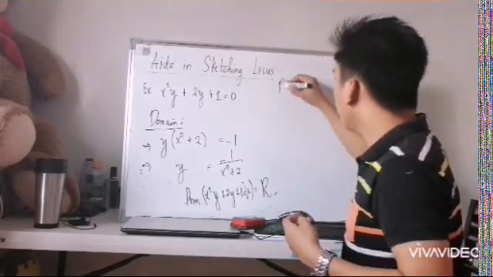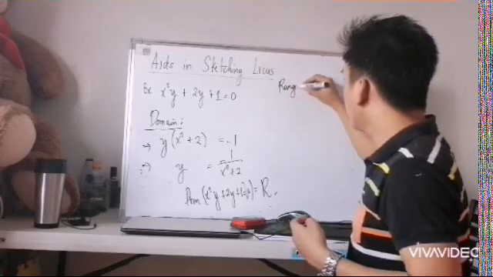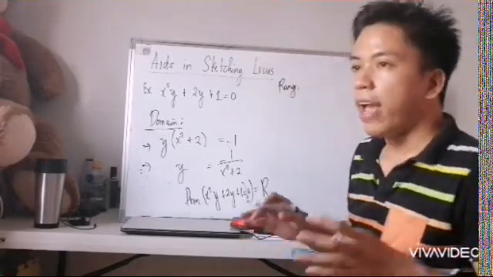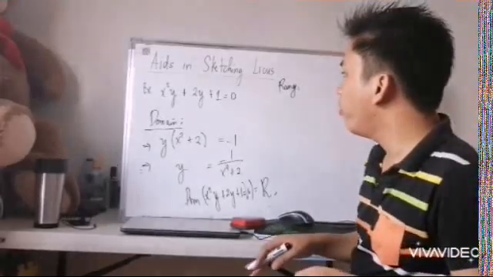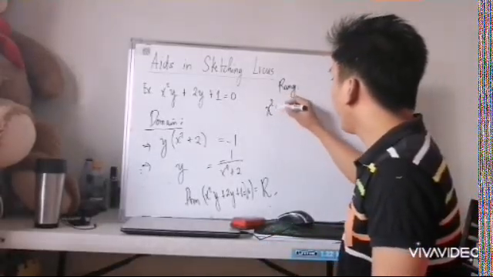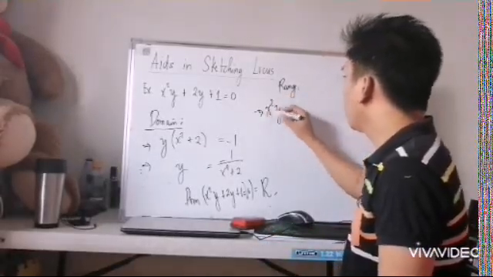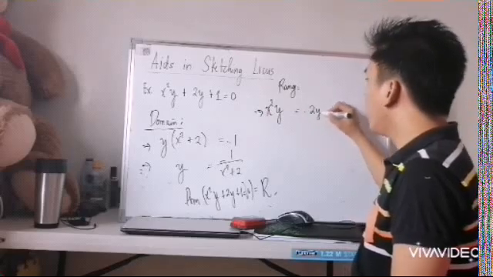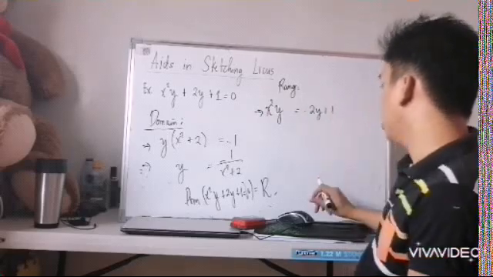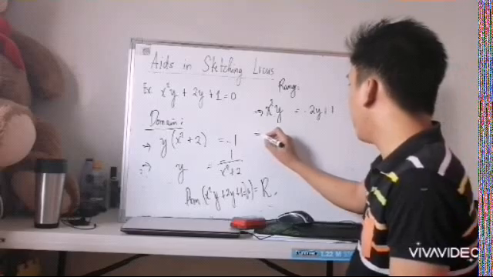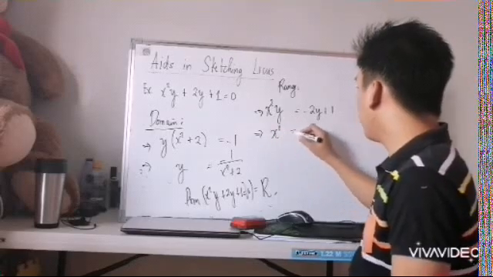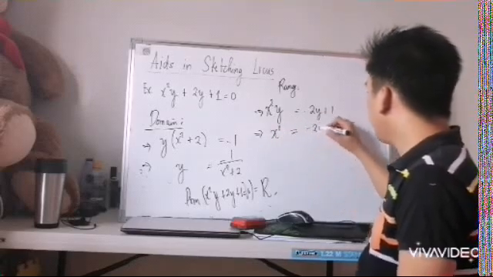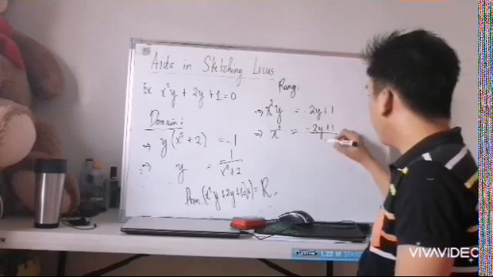And how to get my range? So my range here, I have to solve for x in terms of y. So I have x squared y equals negative 2y minus 1. So I'll have x squared equals negative 2y minus 1 over y.